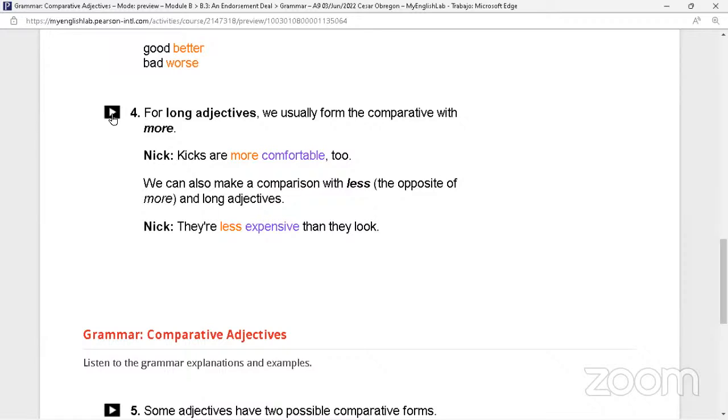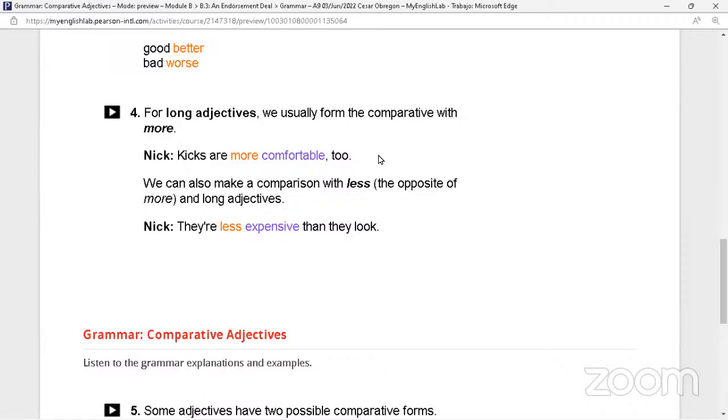Just one question in number 4. What kind of adjectives are considered long? How many syllables? You have 2 or more syllables. Comfortable, expensive. And my doubt is about happy.